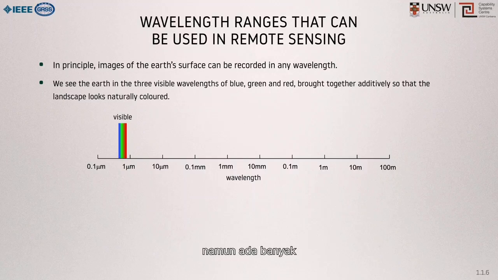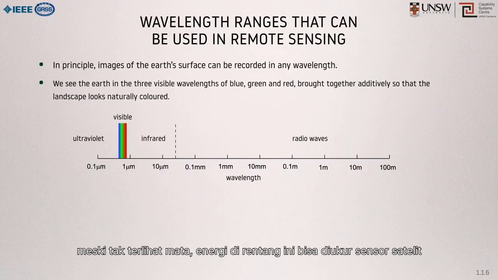But there are, of course, a whole lot of other wavelengths that we are not capable of seeing. The ultraviolet and infrared ranges are examples. Even though we don't ourselves see detail outside the range of human vision, energy does emanate or scatter from the Earth over a great range of wavelengths not available to us but measurable by a satellite sensor.